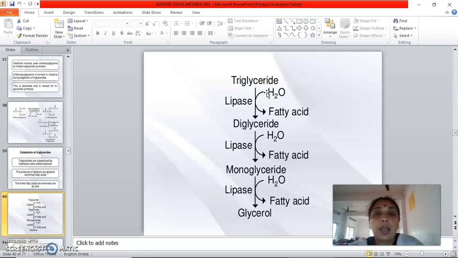One molecule of water acts on the fatty acyl group present on the first carbon atom of the glycerol skeleton, to give rise to 1,2-diacylglycerol. 1,2-DAG is again acted upon by lipase with a water molecule, and the second fatty acid is also removed to give monoacylglycerol, and the monoacylglycerol is acted upon by MAG lipase to give rise to glycerol.